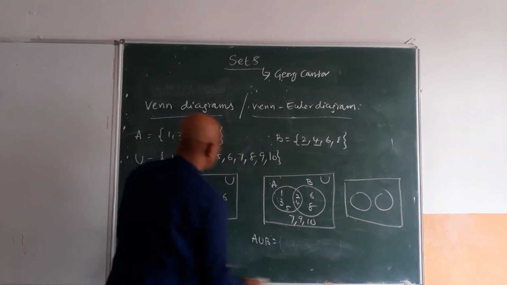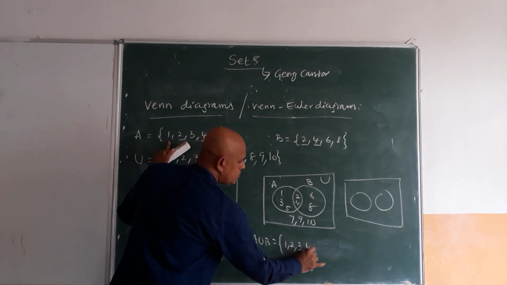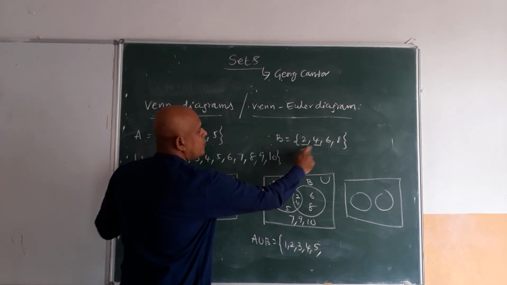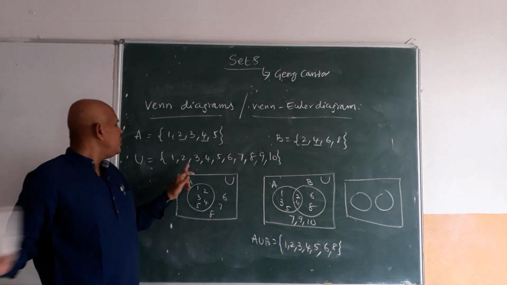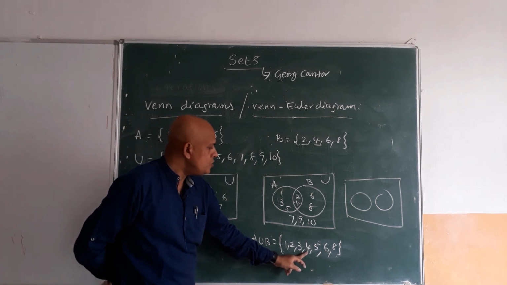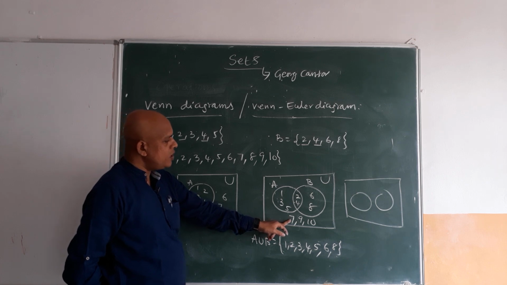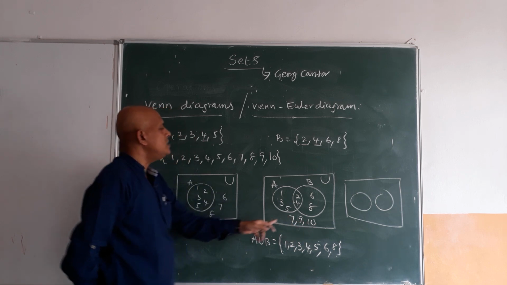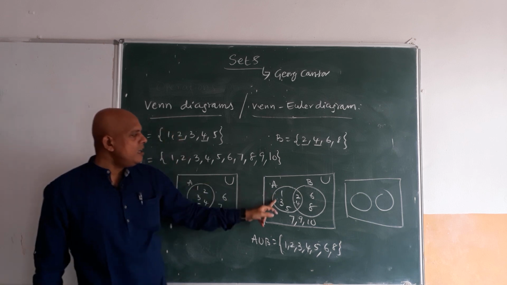Once again we will write all the elements of A, that is 1, 2, 3, 4, 5, and 2, 4 are already repeated, then 6, 8. Now the universal set is 1 to 10, but here we have 1, 2, 3, 4, 5, 6, 8, and the remaining elements are written in the rectangle, that is 7, 9 and 10. This is how we can write A union B in the Venn diagram.